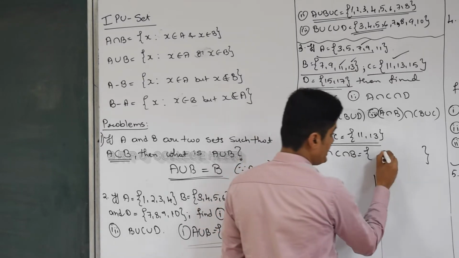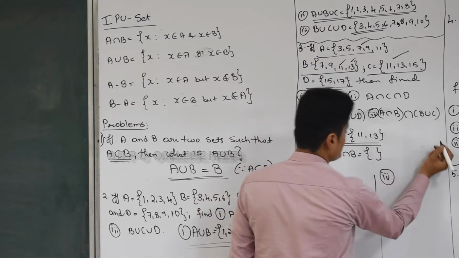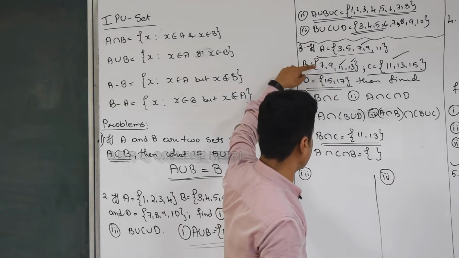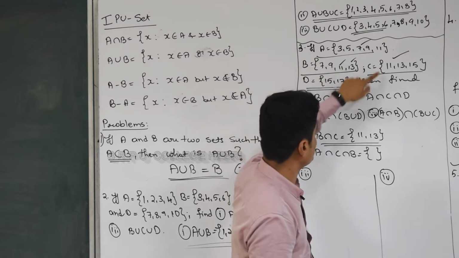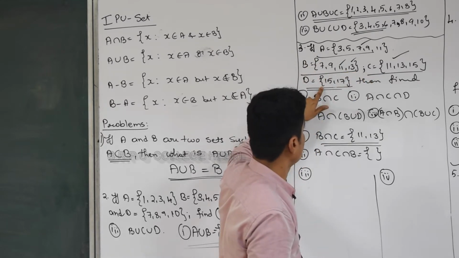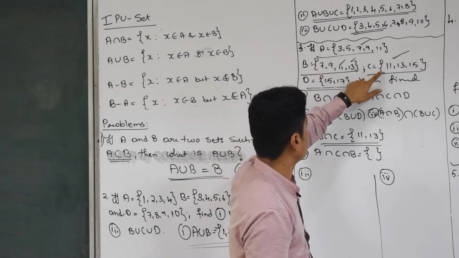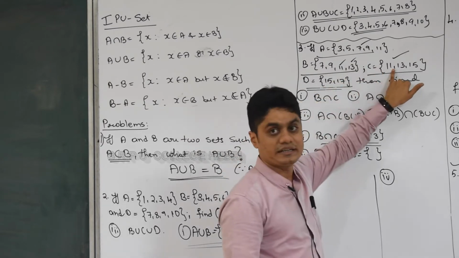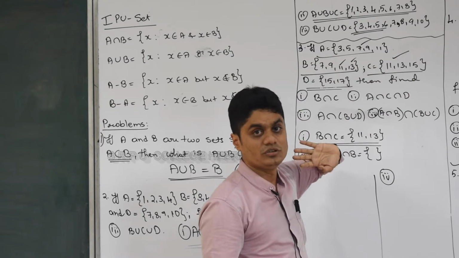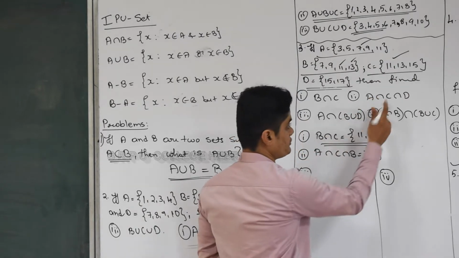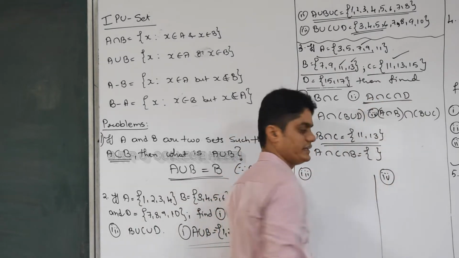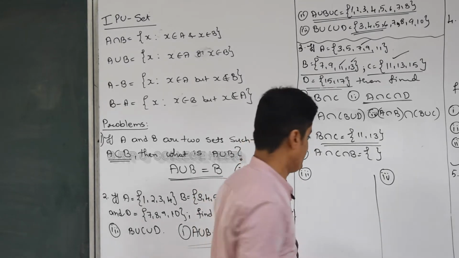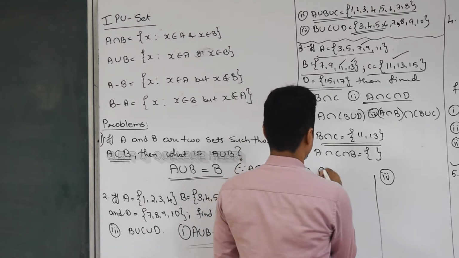There are no common elements between these three sets, so the answer is the null set. 11 is in A and C but it is not there in D. If you are writing this without brackets, definitely you are writing null set, because there is no common element which is common to all the three. Remember that.